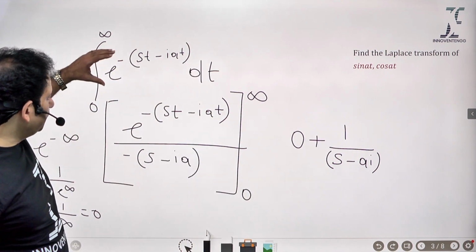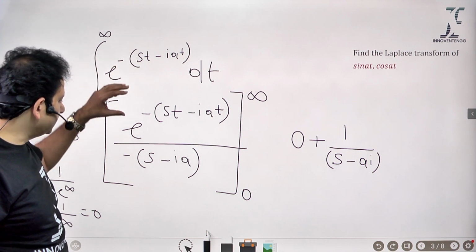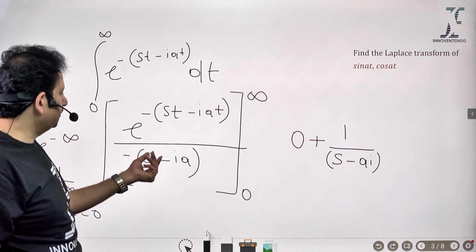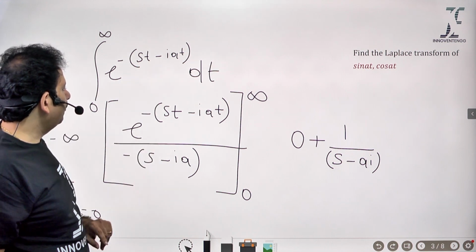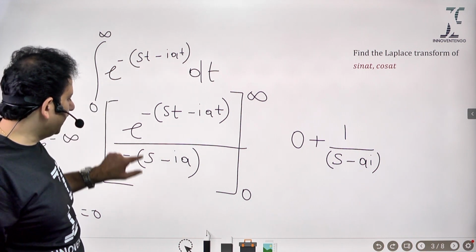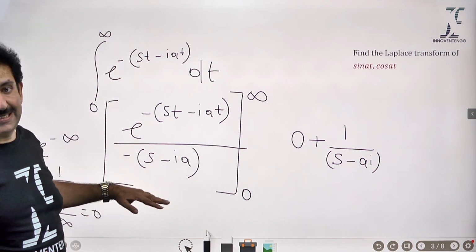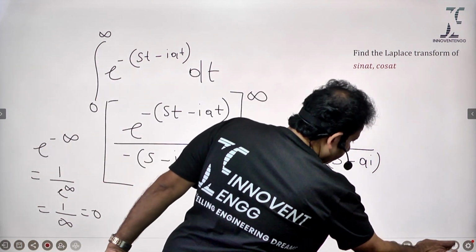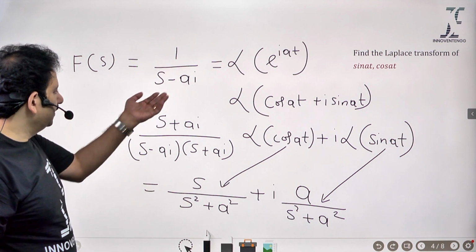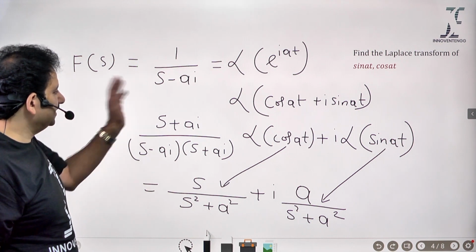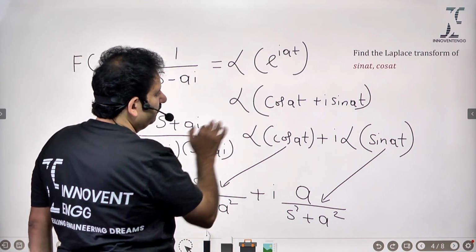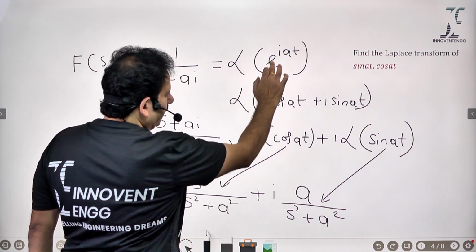And remember, whenever you integrate an exponential function, you get the same exponential function, but you will have to divide that by the coefficient of t. And if I take t out, what is the coefficient? Minus, inside the bracket, s minus ai. That's exactly what I have divided by. So this is all quite simple. And once I got my frequency domain function, that is 1 by s minus ai, I rewrote the definition of e power iat.